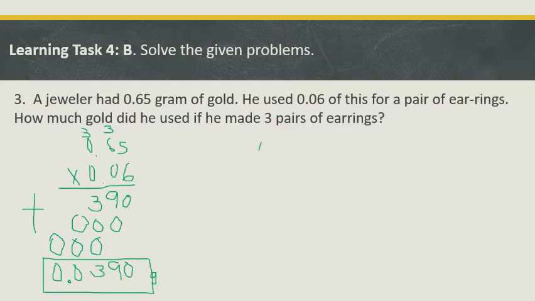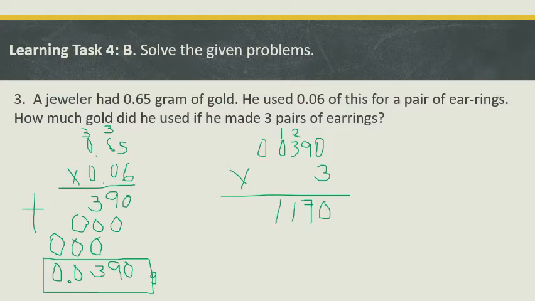Multiply natin yung ating sagot kanina, yung 0.0390 sa 3, kasi tatlong earrings po ang tinatanong dito. 0 times 3 ay 0. 9 times 3 is 27, carry 2. 3 times 3 is 9 plus 2 is 11, carry 1. 3 times 0 is 0 plus 1 is 1.